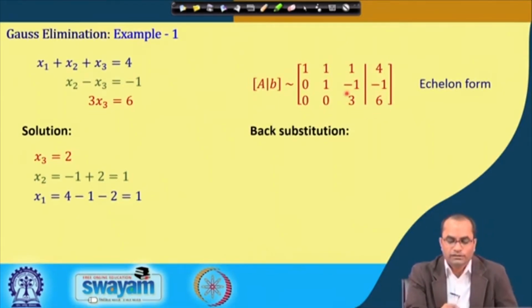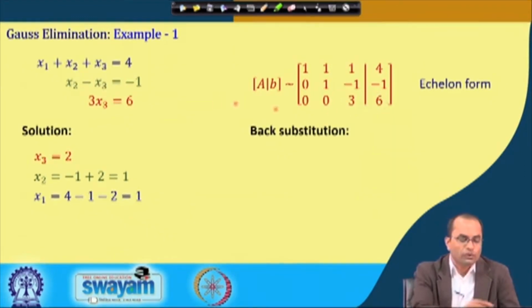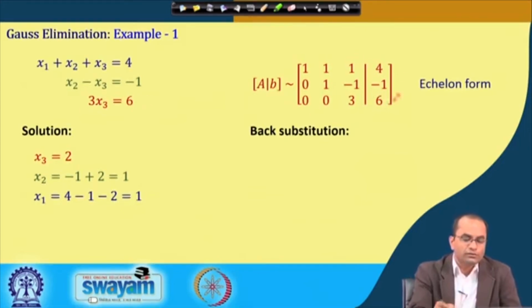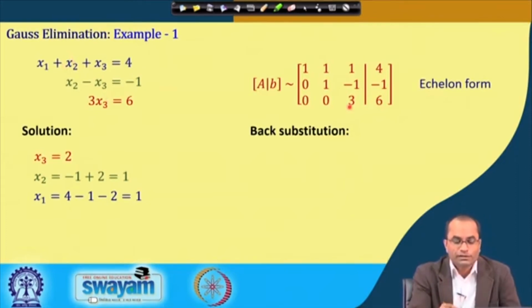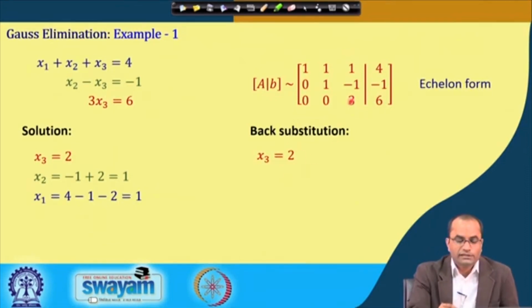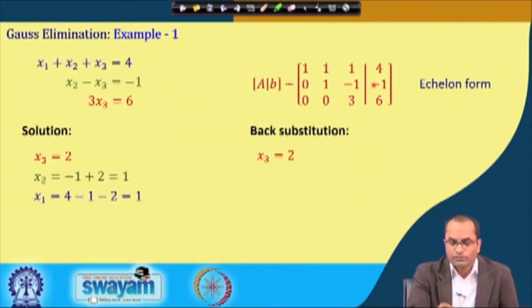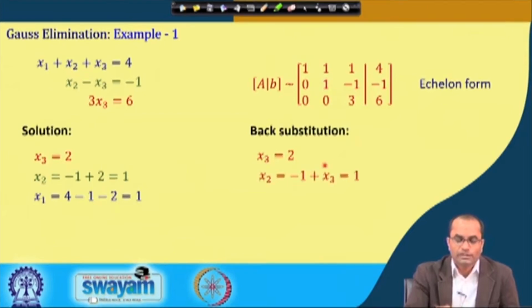So, the last equation says 3 x 3 is equal to 6. We should always keep in mind that corresponding to this we have actually the system of equations here given on the left. So, here we have 3 x 3 is equal to 6, that means x 3 is 2. Then this x 3 is known, then from this we will go step by step upwards. So, from this equation we will get the x 2 variable. So, x 2 will be minus 1 and then plus this x 3 which is 2, and then we will get 1.